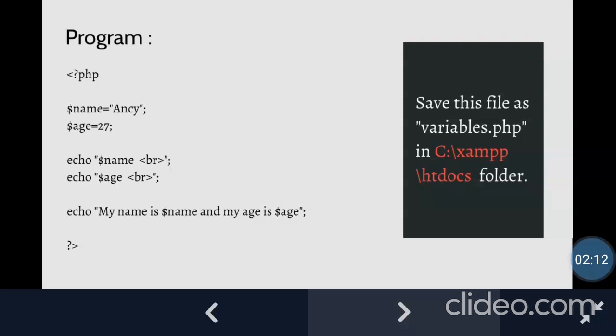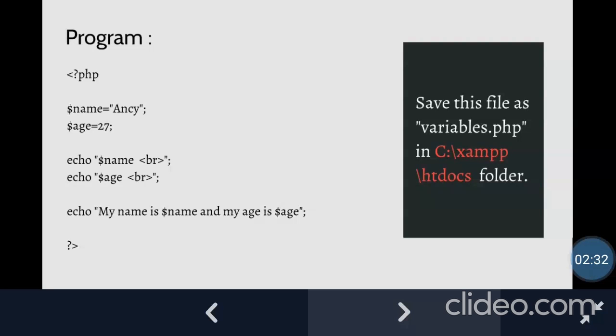Now the program. We know that we start a PHP program with angular bracket open, question mark PHP, and we end it with question mark bracket close. In between lies the code. This is the same code as we have seen in the example.